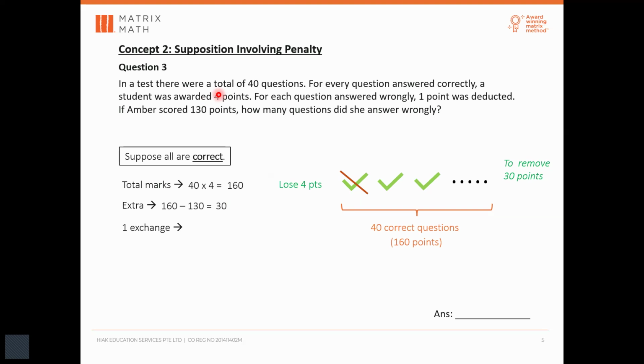So you are removing 4 points. Now, when I exchange it for a wrong one, for every question answered wrongly, you don't gain anything. In fact, you lose 1 point. So what happens in one exchange? What do you all think? Should I take 4 minus 1 or 4 plus 1? How many points do we lose?